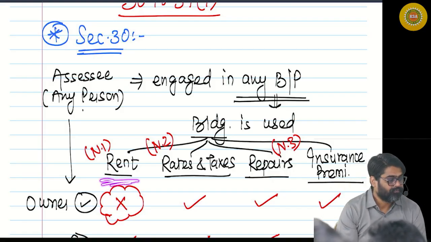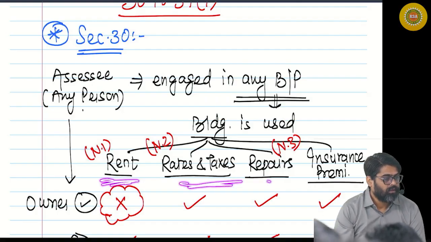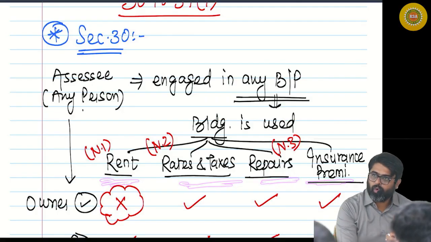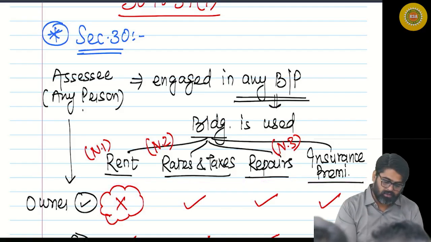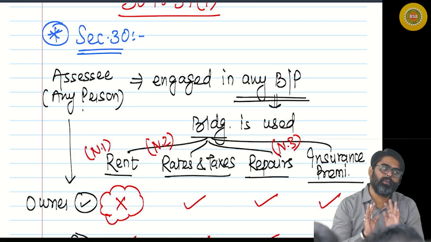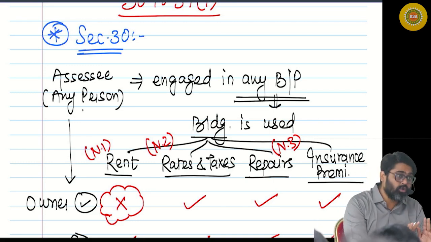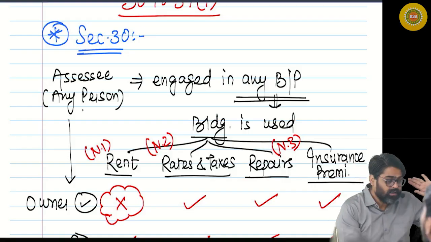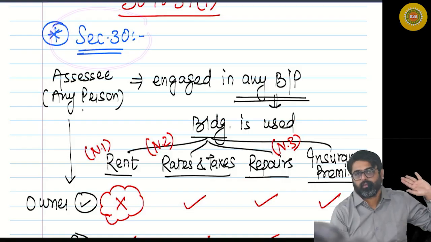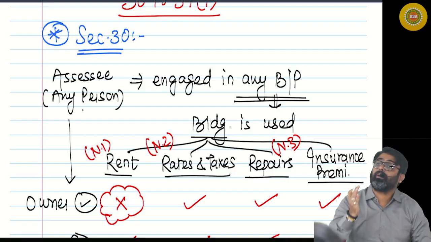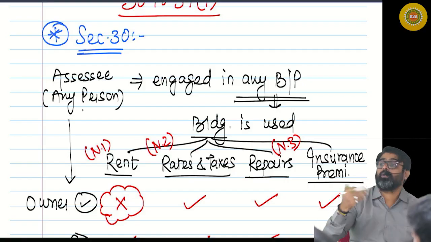If these four expenses are incurred for this building, these expenses will be allowed to be reduced out of your business income. Section 30.